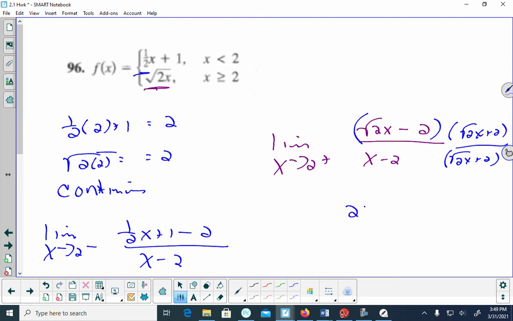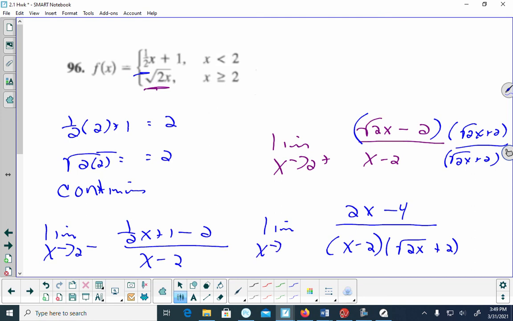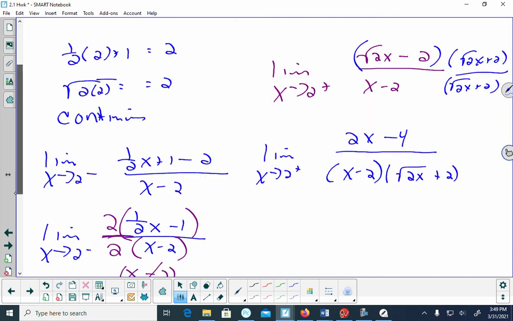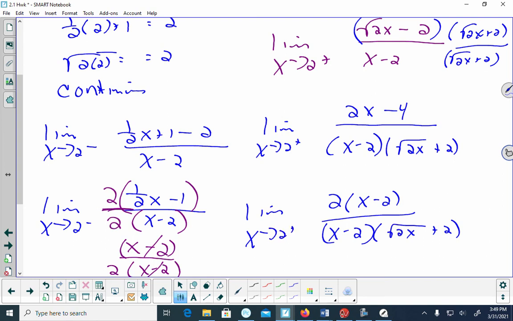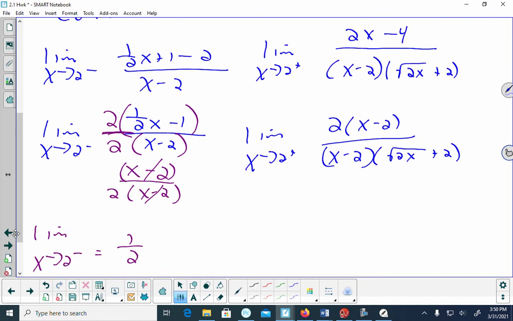This will end up being 2x minus 4 over x minus 2 times the square root of 2x plus 2. Still taking the limit as x approaches 2 from the right. Factoring out a 2, the x minus 2's will simplify.